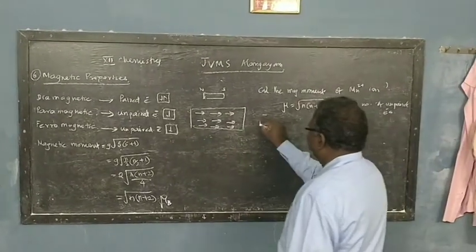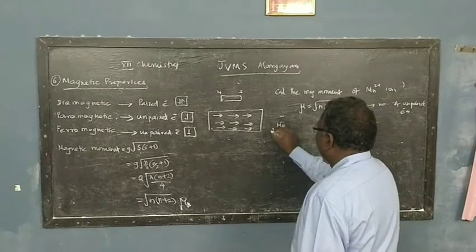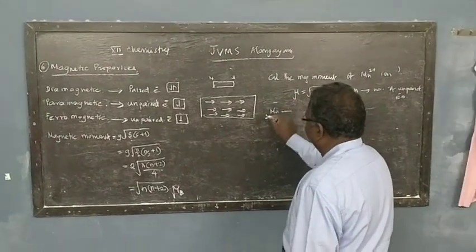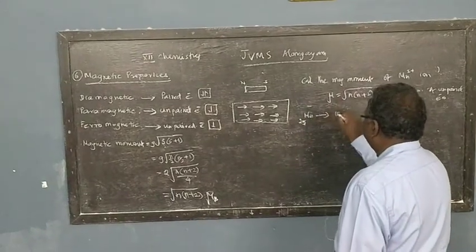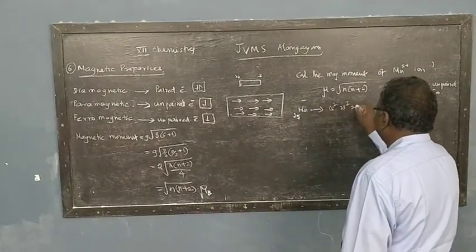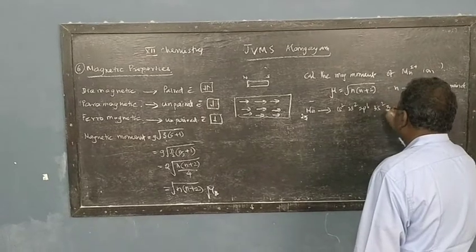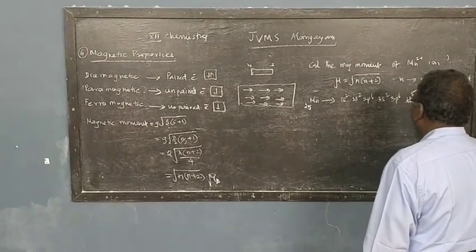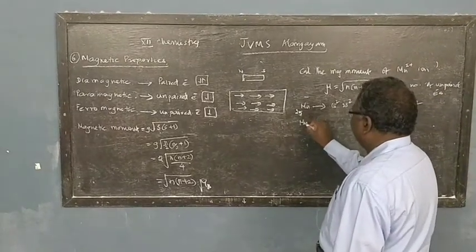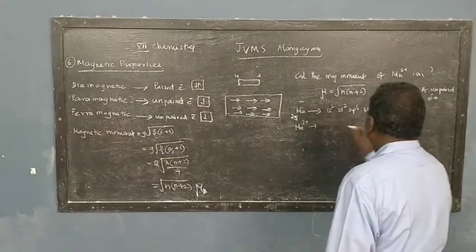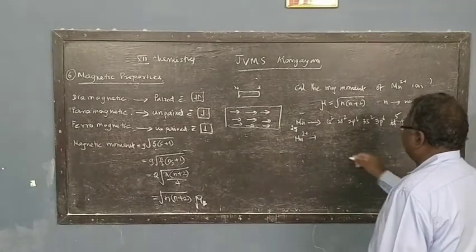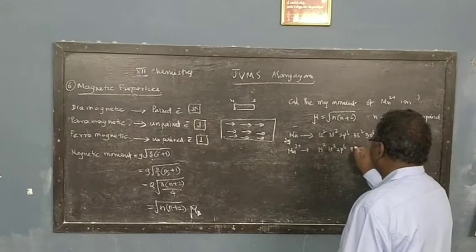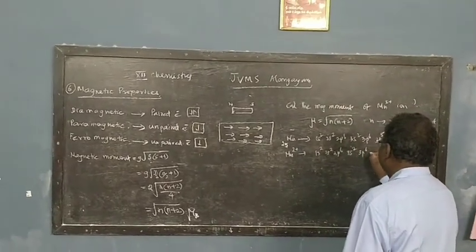Manganese has the atomic number 25. Its electronic configuration is 1s2, 2s2, 2p6, 3s2, 3p6, 4s2, 3d5. When it becomes Mn plus 2, these 2 electrons from 4s will not be present, and it becomes 1s2, 2s2, 2p6, 3s2, 3p6, 3d5.